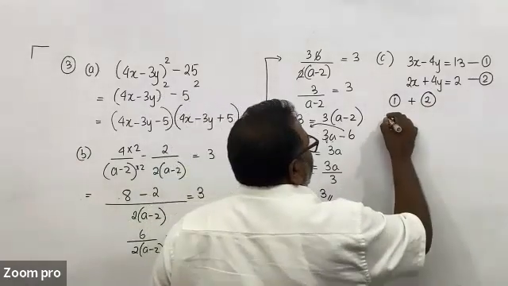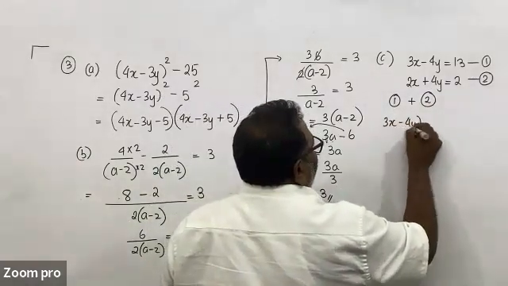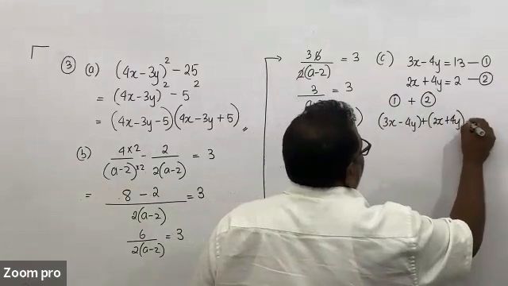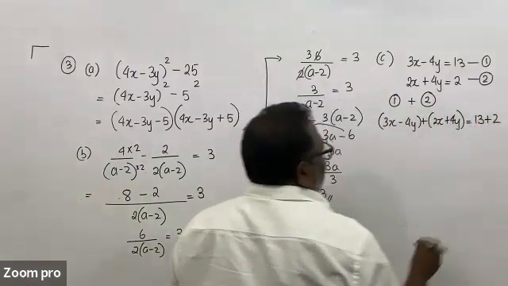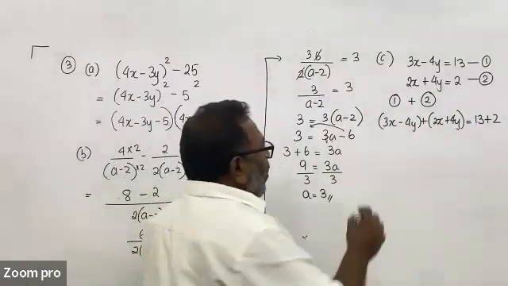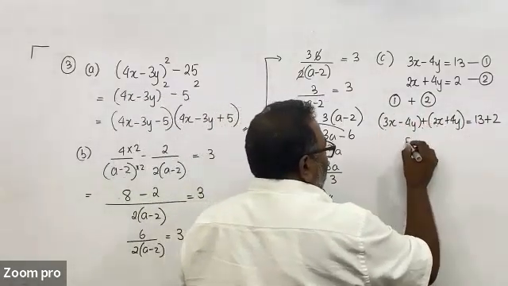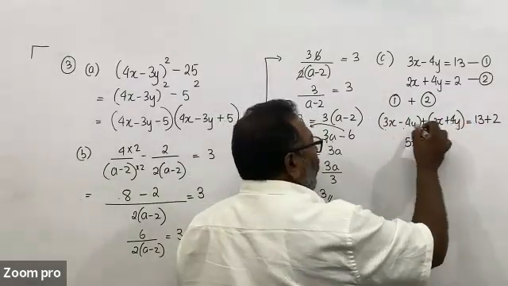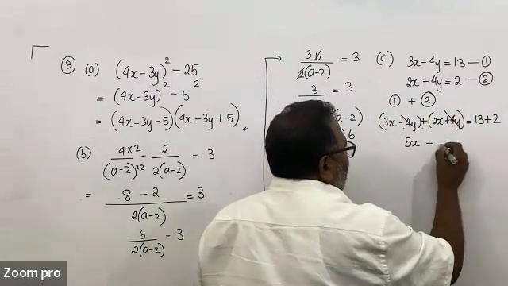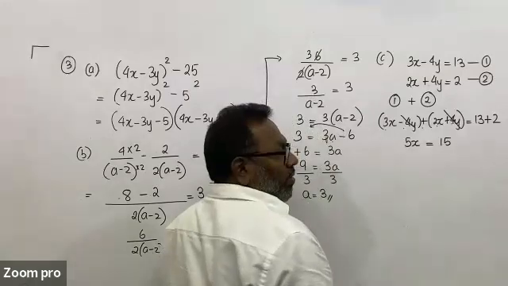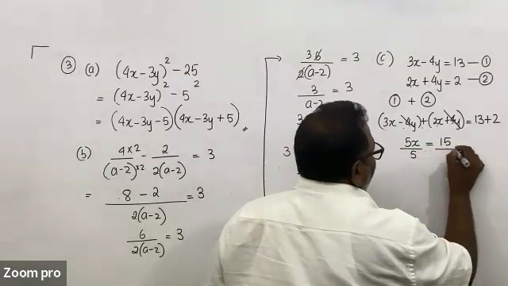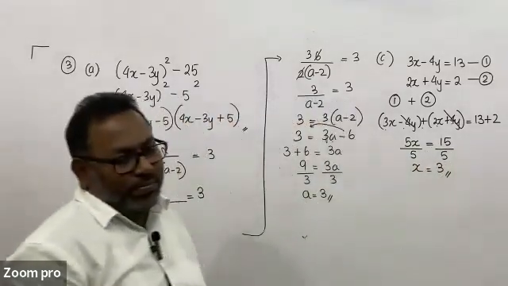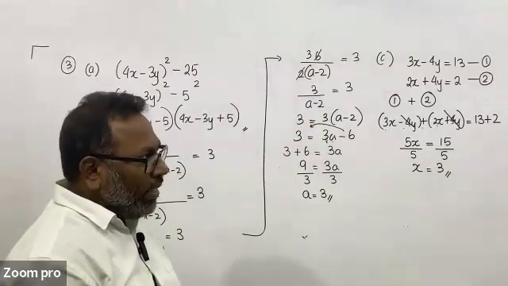So 3x minus 4y plus 2x plus 4y, 13 plus 2. 3x plus 2x is 5x, minus 4y plus 4y will cancel, is equal to 15. Divide by 5, divide by 5, x is equal to 3.